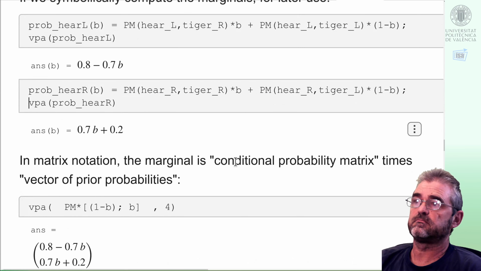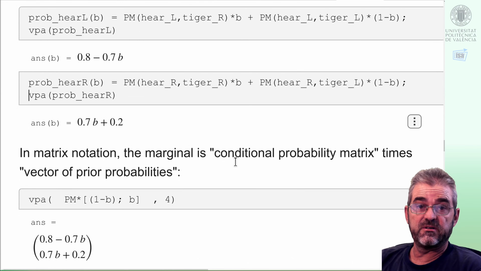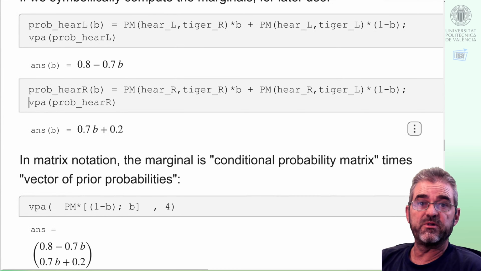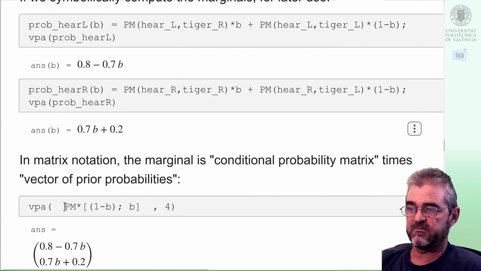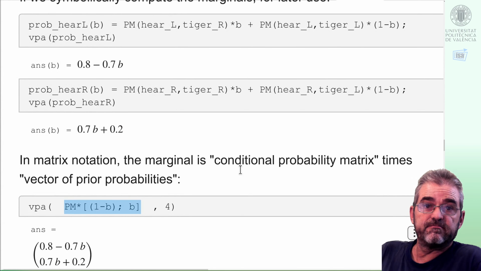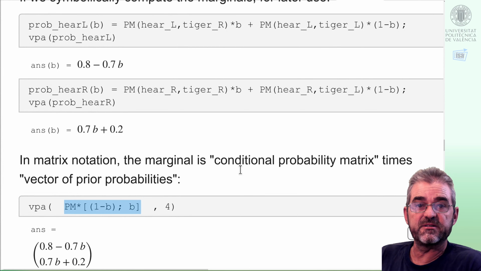And as a curiosity, we can compute the marginal probabilities with a matrix operation in which I multiply the matrix of conditional probabilities times the column vector with the probabilities of each of the conditions.